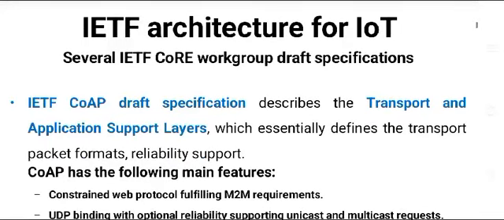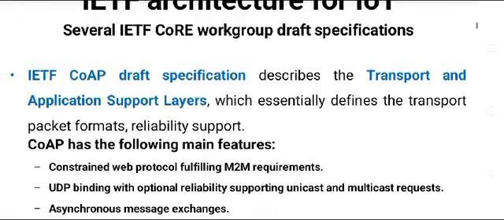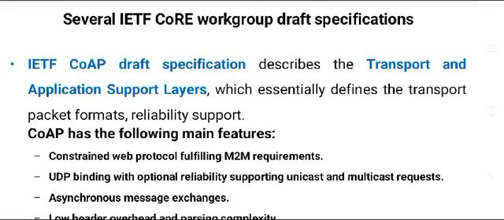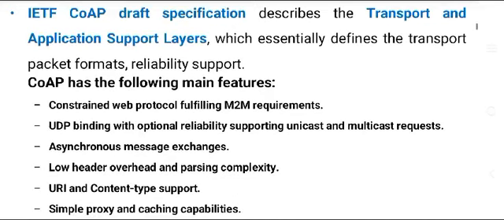Next one is the IETF architecture for IoT. This architecture works under several CoRE workgroup draft specifications. So the first one is this draft specification, which describes the transport and application support layers, which essentially defines the transport packets, formats, and ensures the reliability support.